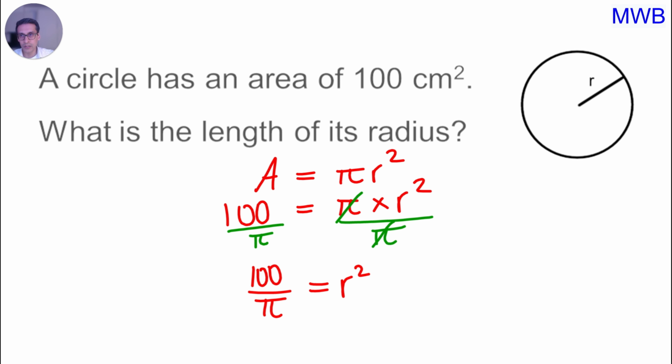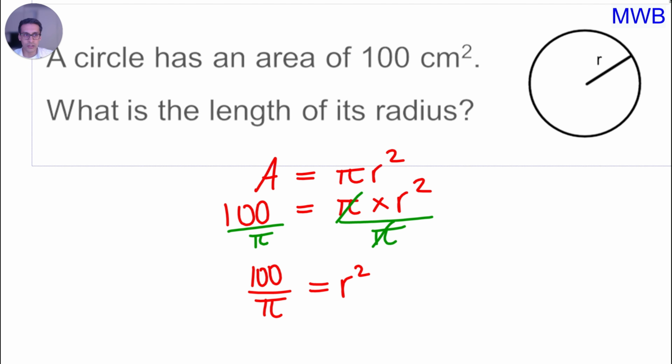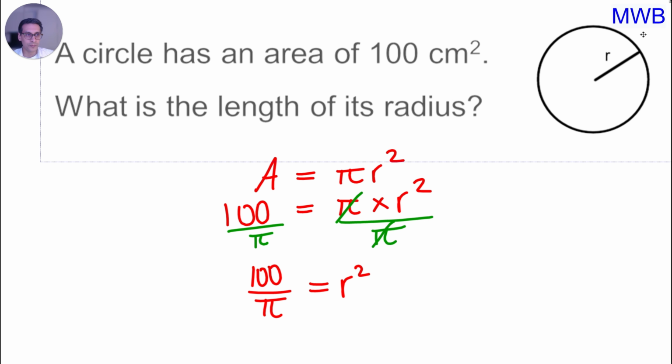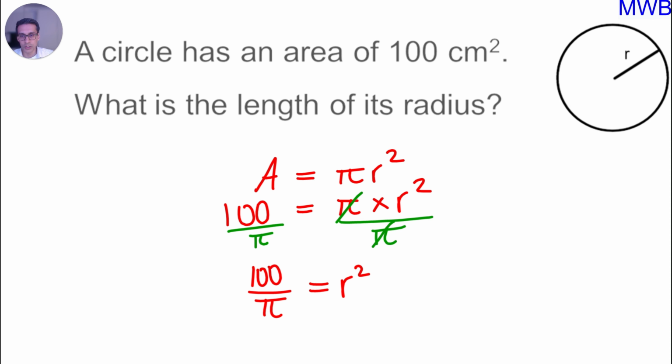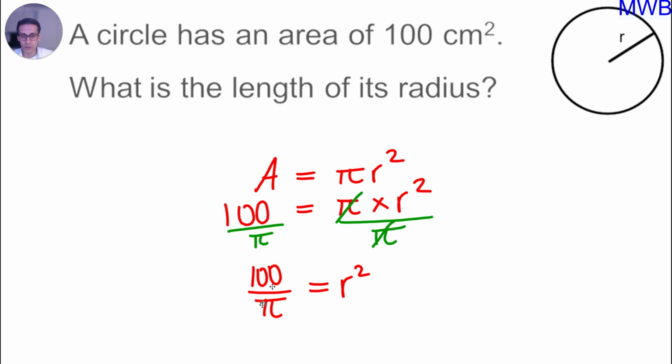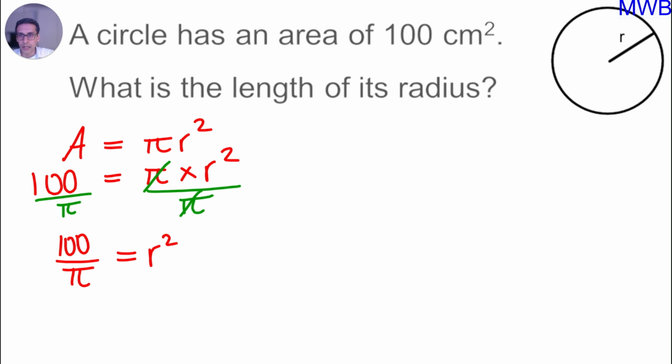Now we're going to do the inverse of squaring, which is square rooting. So when you square root both sides, you're going to get 100 over pi square rooted is equal to the square root of r squared.